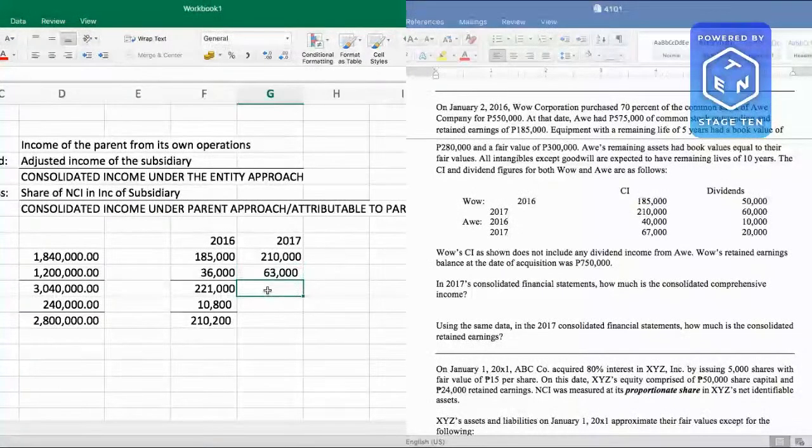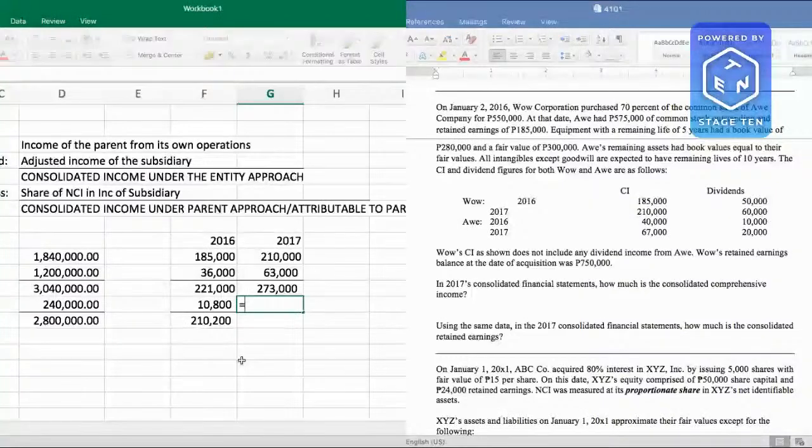So that means if you are asked how much is the consolidated income using the entity approach, that would be 273,000. Next, consolidated income attributable to parent, or consolidated income using the parent approach. What do we do? From the 273,000, simply deduct the share of the NCI in the income of the subsidiary. How much is the non-controlling interest here? 30%. 30% of what?